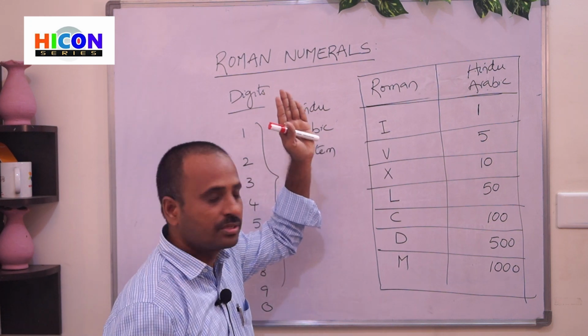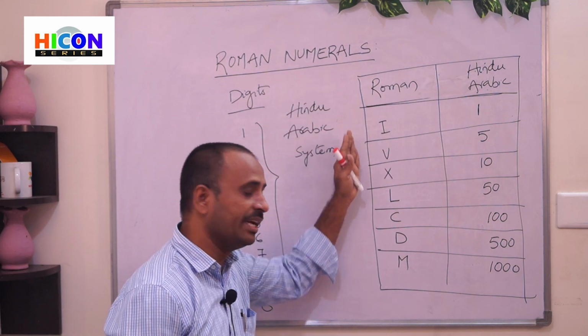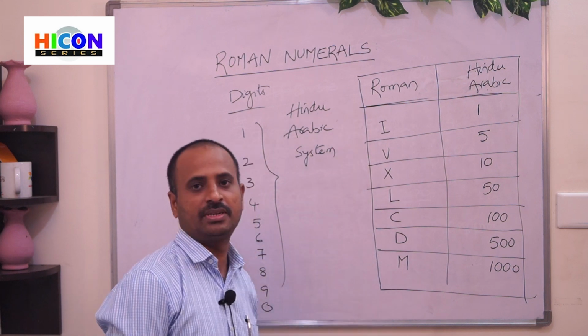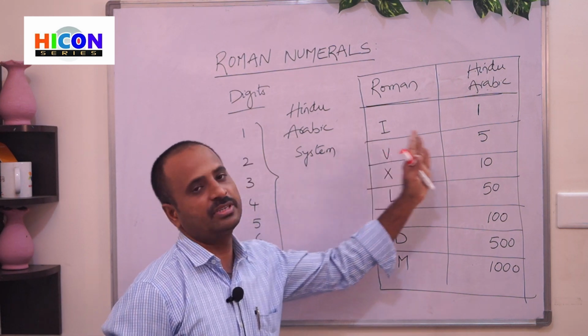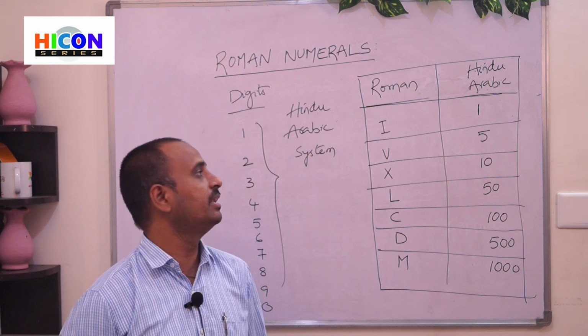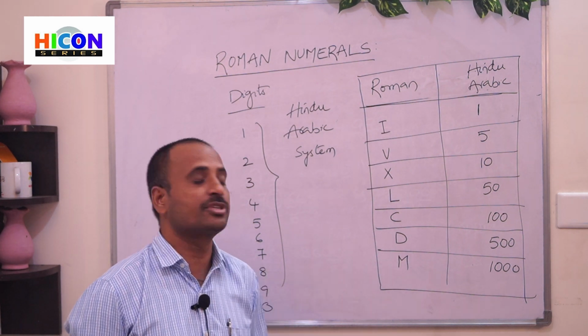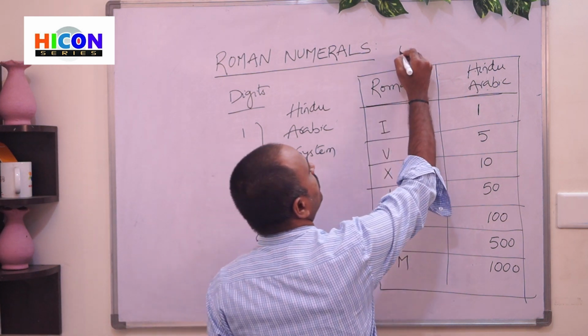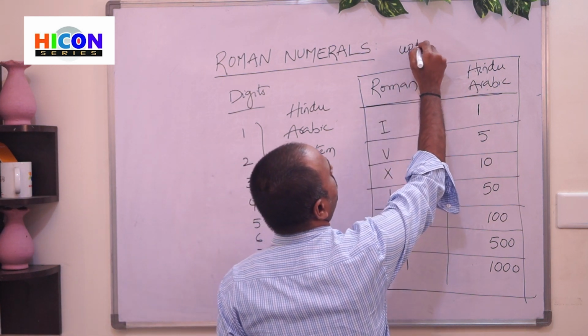The Romans used combinations of these 7 symbols to write numbers. Very particularly, they wrote the numbers up to 39 using just 3 symbols.